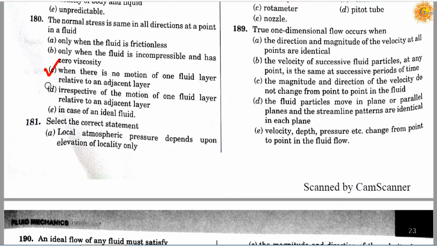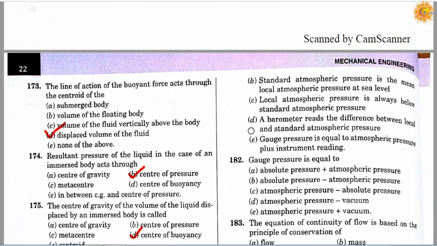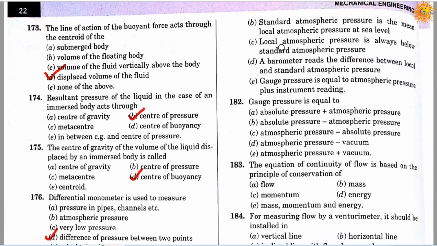Question number 181. Select the correct statement. Option A. Local atmospheric pressure depends upon elevation of locality only. Option B. Standard atmospheric pressure is the mean local atmospheric pressure at sea level.